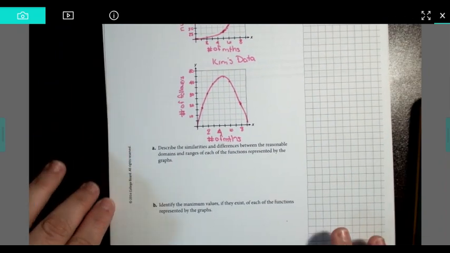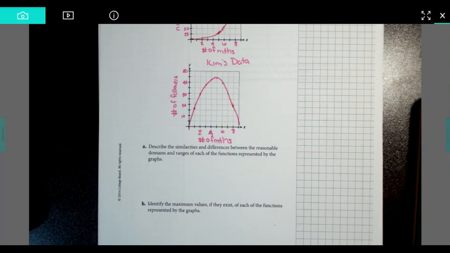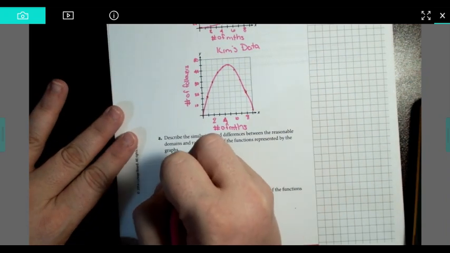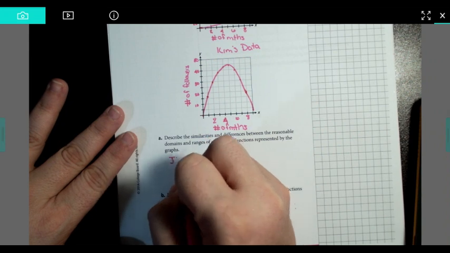All right. Describe the similarities and differences between the reasonable domains and ranges of each of the functions represented by these graphs. Well, let's talk about Gina's graph first.